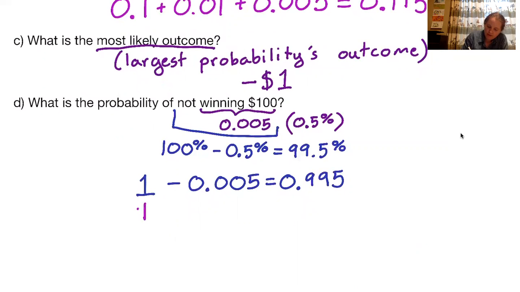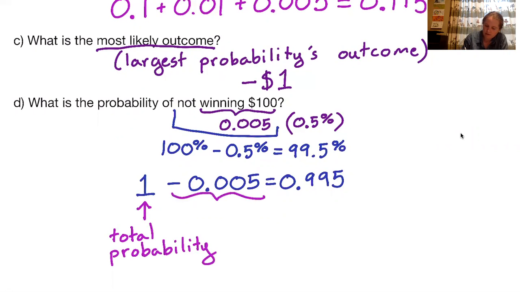So this 1 is sort of the probability of anything happening. So this is basically the total probability. And then this part here, we're taking away the winning $100.